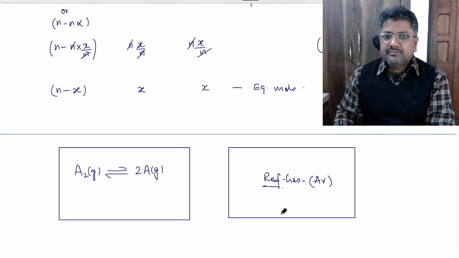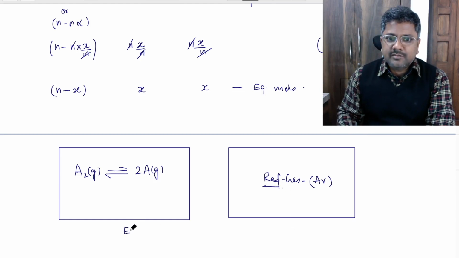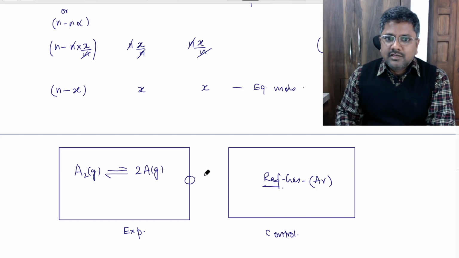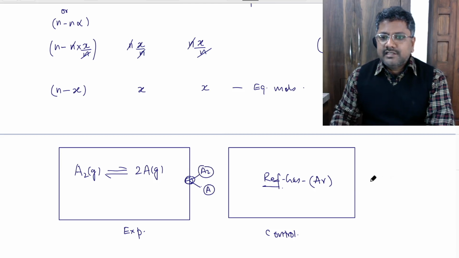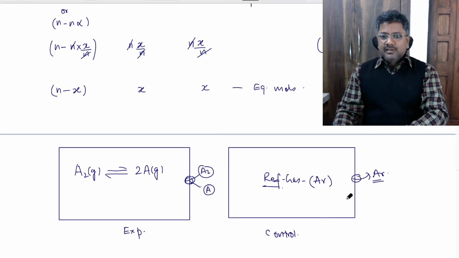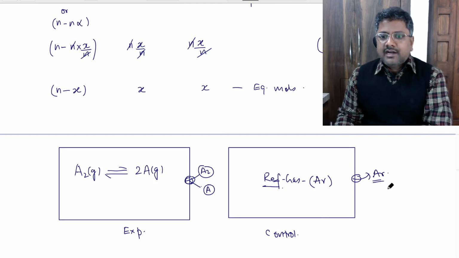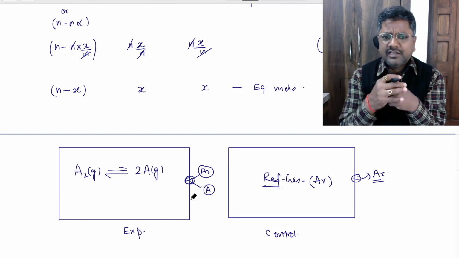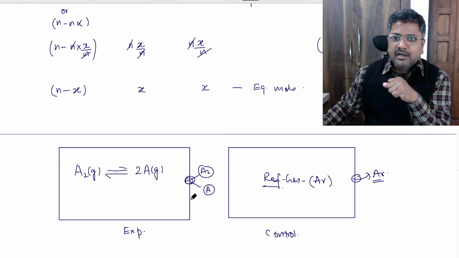A reference gas means this is the control and this is our experiment. So here from the hole, A2 and A both are coming out, both are gaseous, and here argon is coming out. So by comparison of the rate of effusion of argon and this gaseous mixture, we can calculate the alpha. See how.